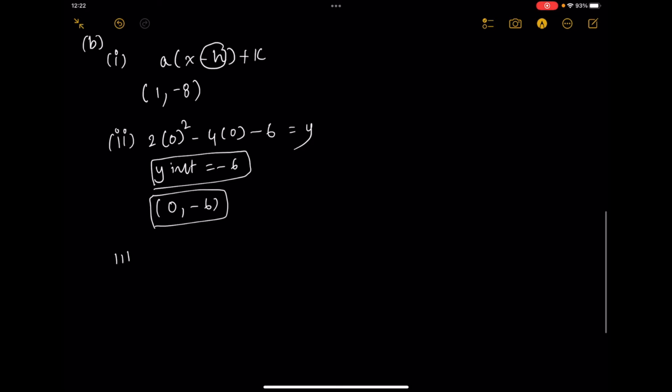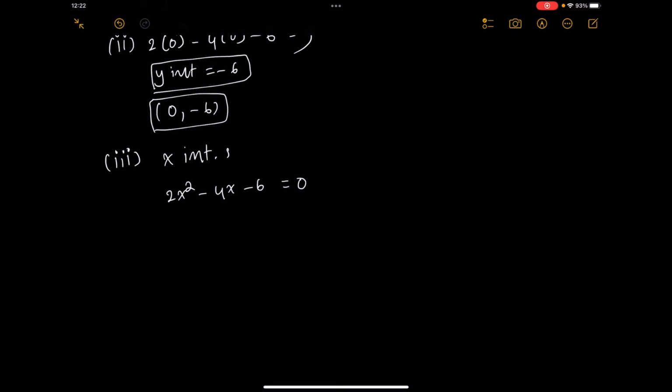Now we come to the next part, which wants us to find both the x-intercepts. To do this, we equate our standard form 2x squared minus 4x minus 6 to 0.